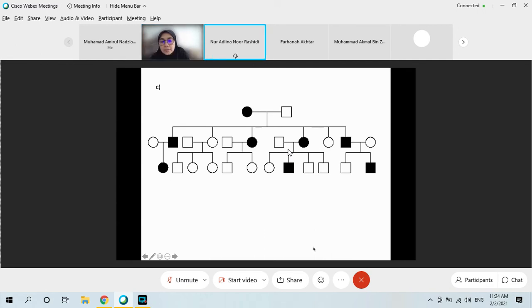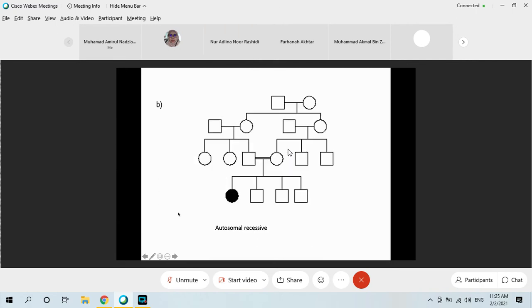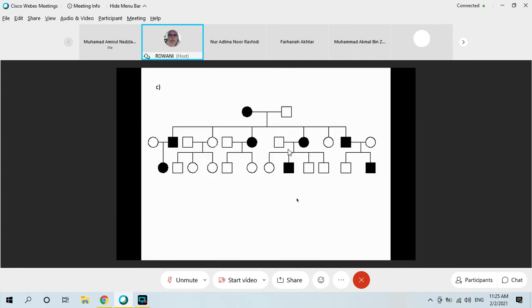Yes. In the previous slide, why didn't we mark the siblings as carriers, are there none at all? No. It means clinically they are normal. To know whether they are carriers or not, you need to do a genetic study first. We haven't done that. So in this case, you don't know whether they are carriers or not. So what we know is they are not affected by the disease. That's all.